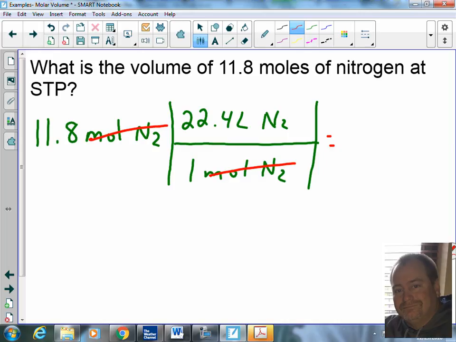I get my moles of nitrogen to cancel. So, I am going to take my 11.8 moles and multiply it by 22.4, and it's going to give me a value. That is not right. Did not put it in my calculator right. I had 1.8 instead of 11.8.